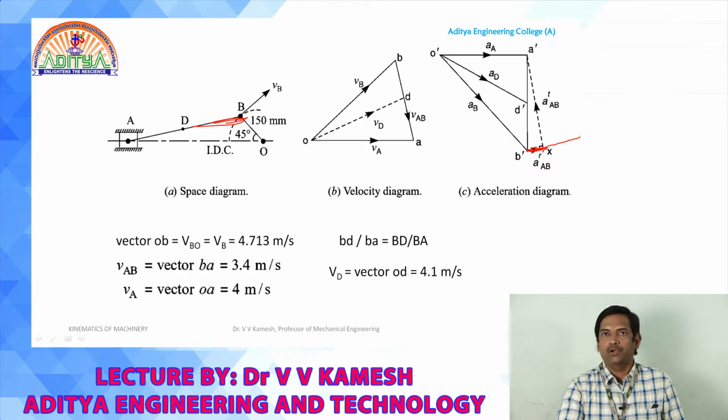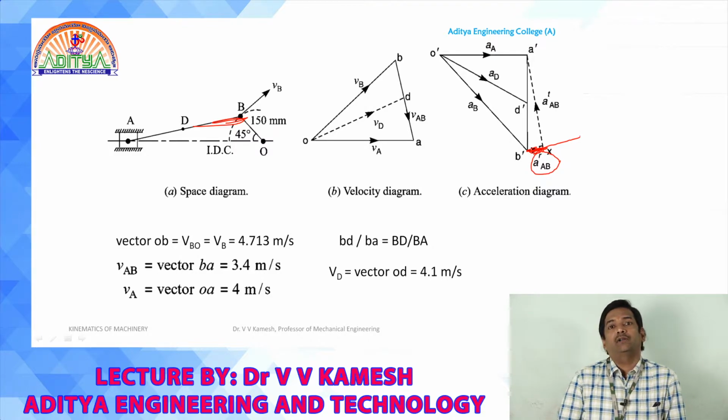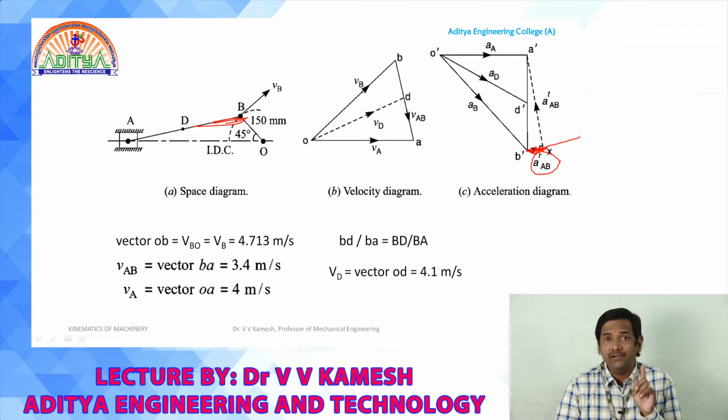Now, we need to put a point x such that B dash x will be the radial component of the AB link. Now, how to identify the length of this B dash x? B dash x will be equal to the radial component of the acceleration, and how to calculate it? Already from the velocity diagram, omega of AB is given and the length of AB is already given.